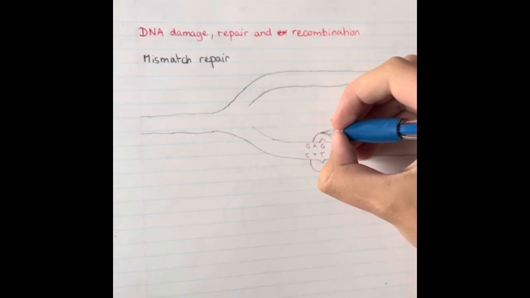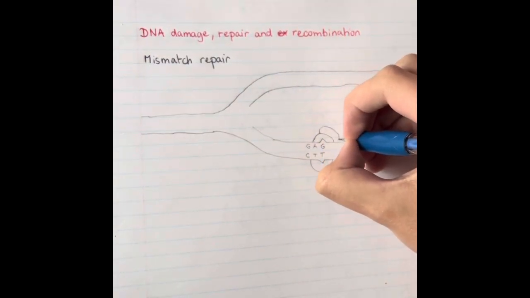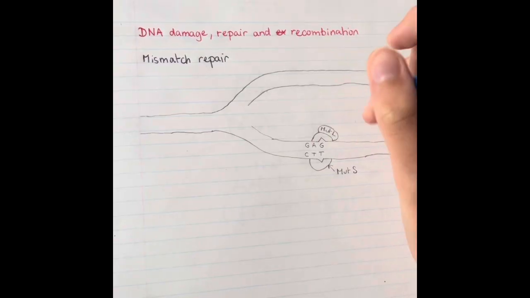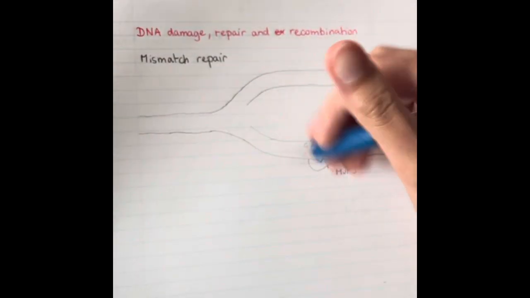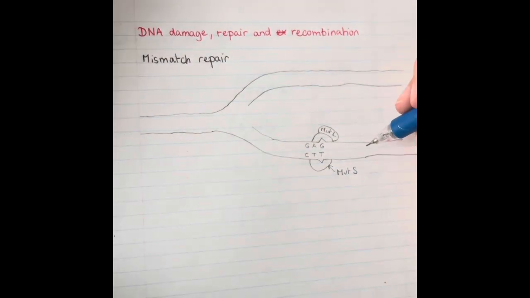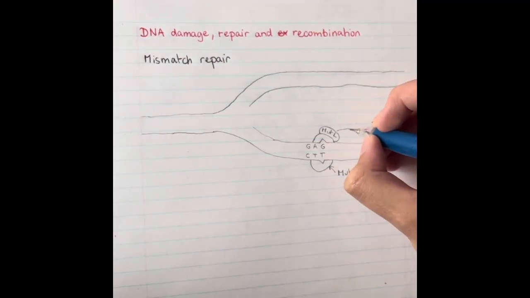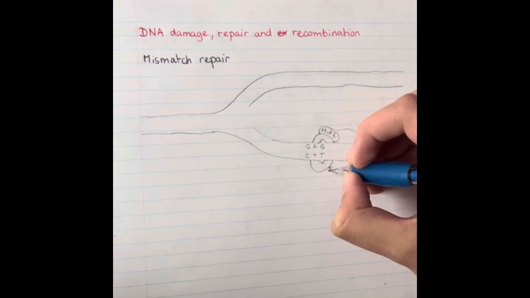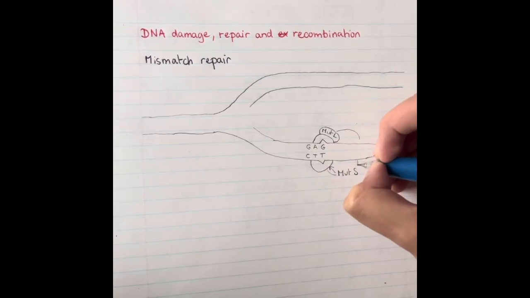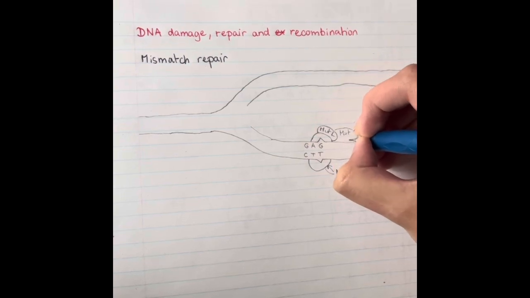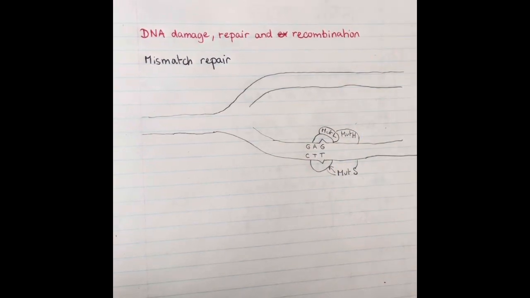Second thing that is going to happen is that MutL is going to bind to the MutS. What this complex does is that it will recruit MutH. Let's put MutH here.